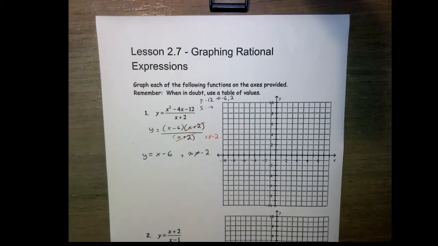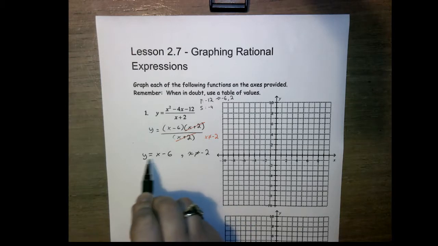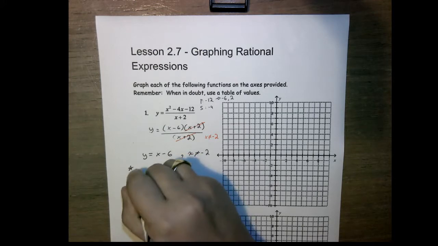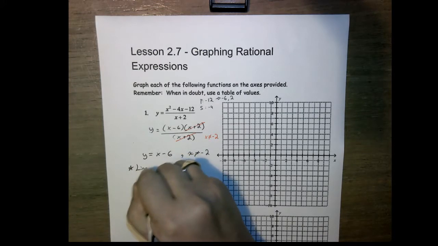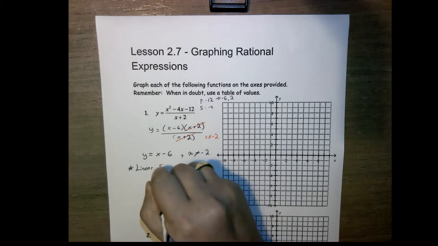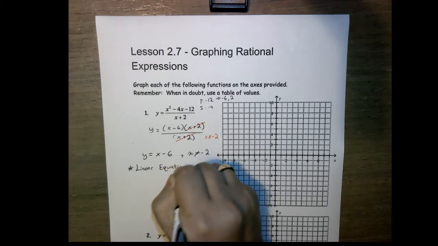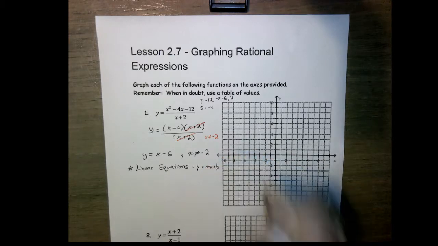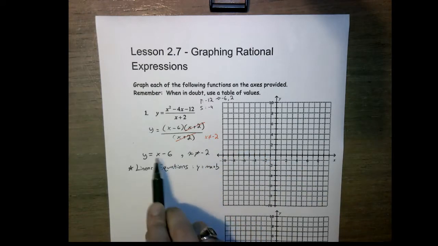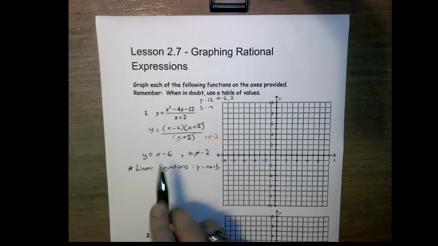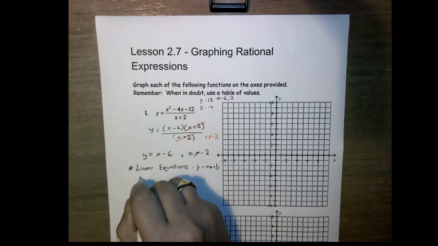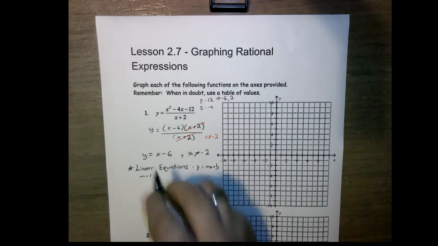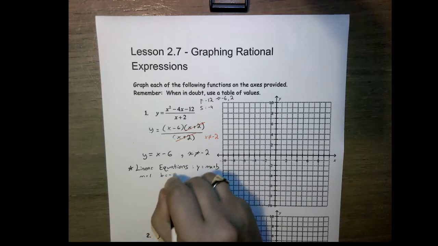Well, y equals x minus 6 is a linear equation, right? And if you remember, linear equations have the form y equals mx plus b. So here, my slope, my m, is 1, and my b, my y-intercept, is negative 6.